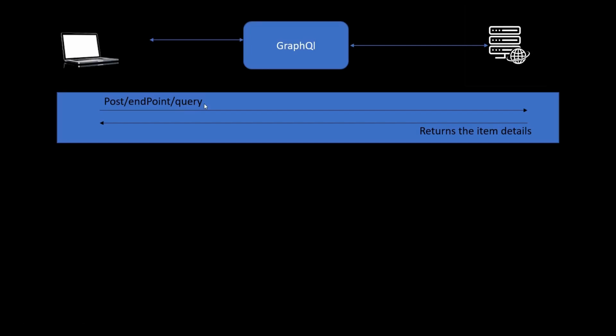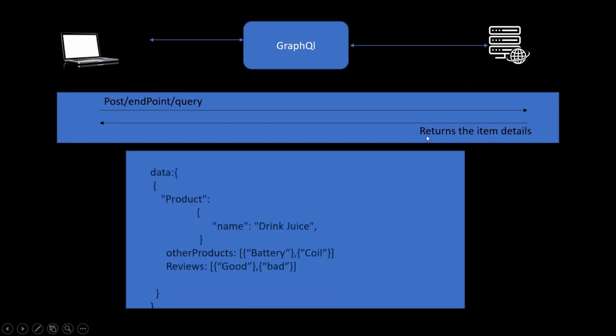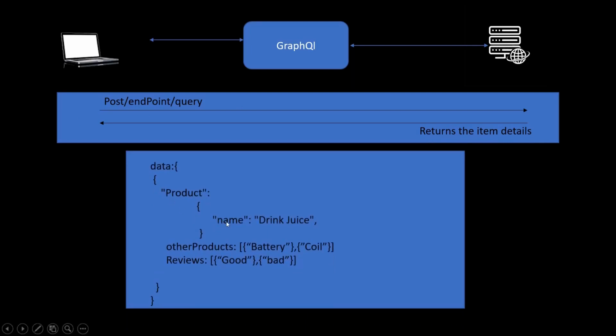So here the client is in control of the format and the data that he needs, instead of the server. Once this query is processed, it returns the details to the user, wherein we only have the product name, the other products that particular vendor sells, and the reviews. If we remember from the earlier part of the video, we were making multiple calls to fetch the same data. But with GraphQL, we do the same with a single call. So there is no underfetching and overfetching of data.